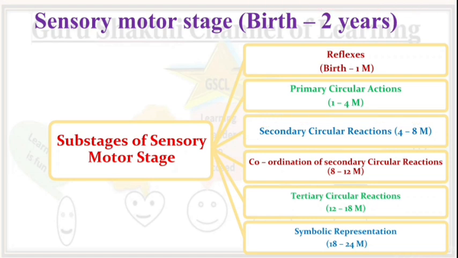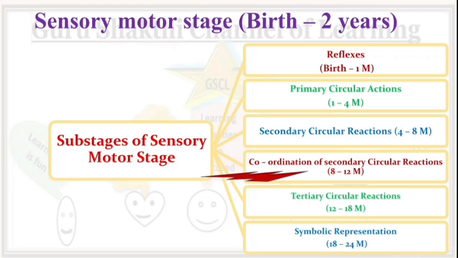The fourth substage, the coordination of secondary circular reactions. This stage comprises the exhibition of goal-directed behavior.